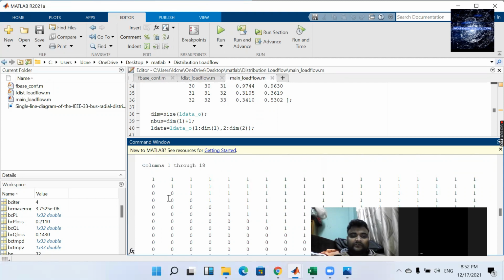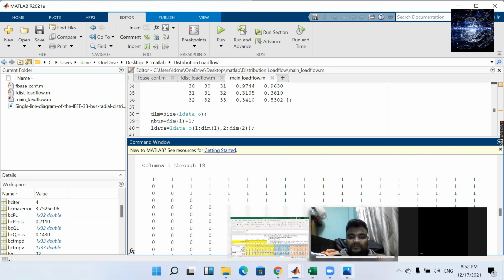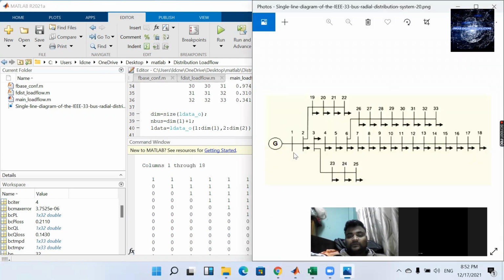That means, as I have already said, the column corresponds to, for example 1, the load of 1 being fed through which buses. For this figure, the load of 1 is fed through only bus number 1. That's why in the first column, only the first element is 1. All others are 0, because the load of 1 is not fed through bus 2 and other buses.